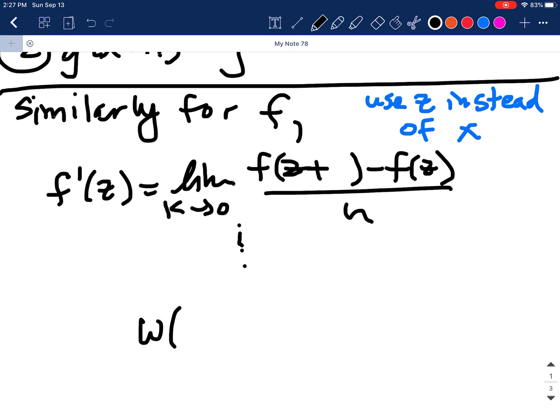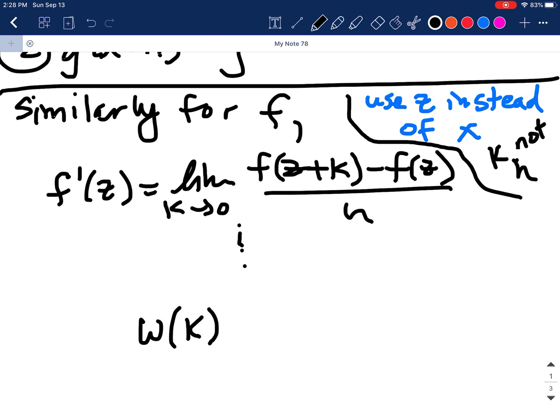I'm going to use the letter k, just because we don't want to assume h is the same for both values. It could be different values both approaching 0. So we're going to use k, not h, for our expression here. And that'll be useful later. So just note, we're just using some alternate variables, still describing the same definition of the derivative though.